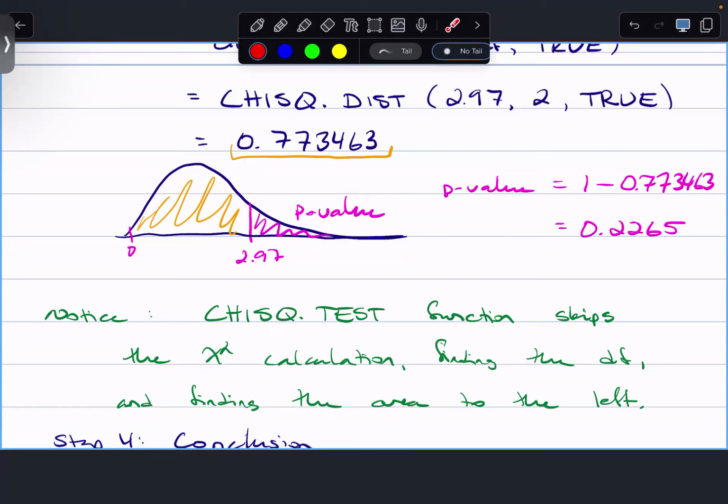If that probability is small, then you say, okay, fine, it could have happened with some very small probability, but it's unlikely to have happened by chance alone. That's when we reject H naught in favor of HA.